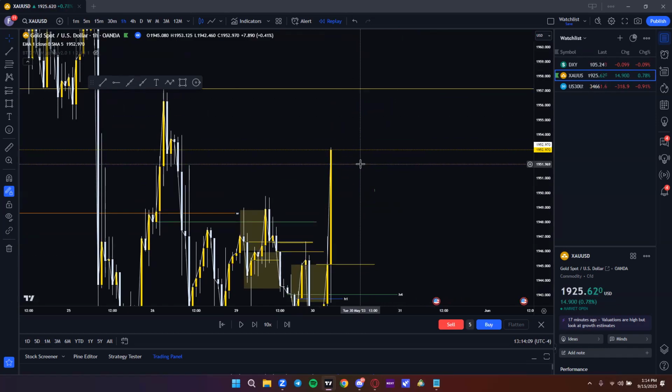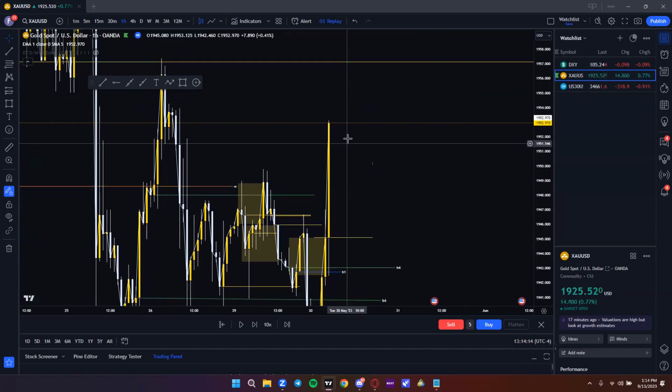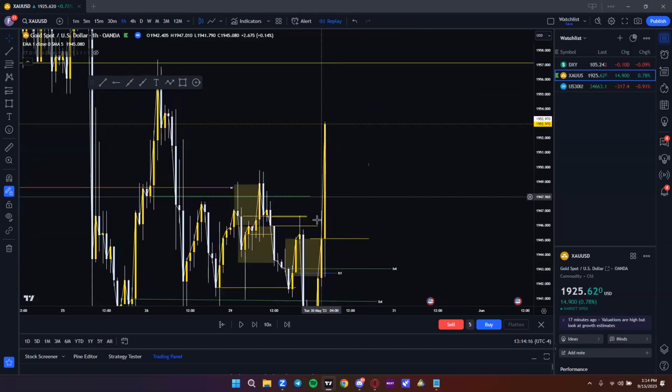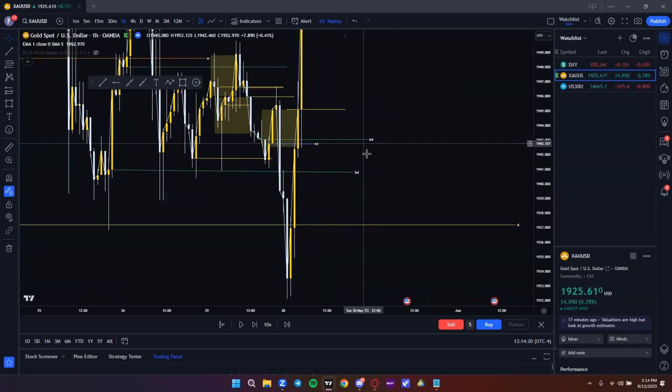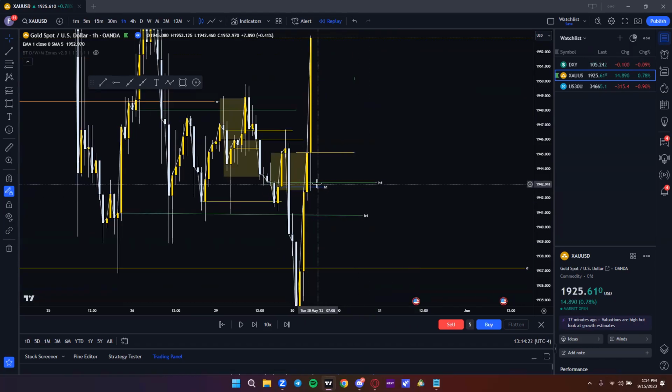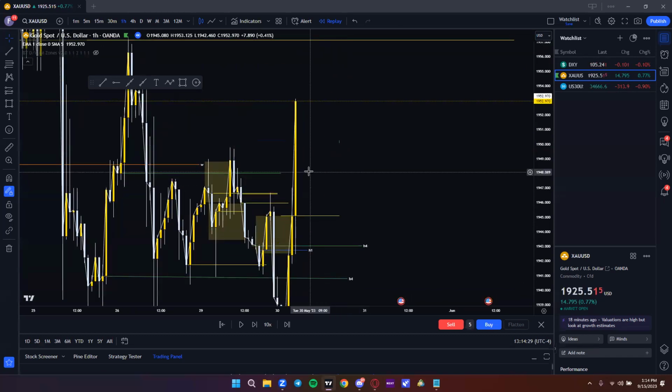So designing your weekly swing with daily and H4 will allow us to get that precision of where it's going to turn from. Okay, so it turned, it broke, retest here. This is Tuesday, 5 a.m. Let's see where New York opens.